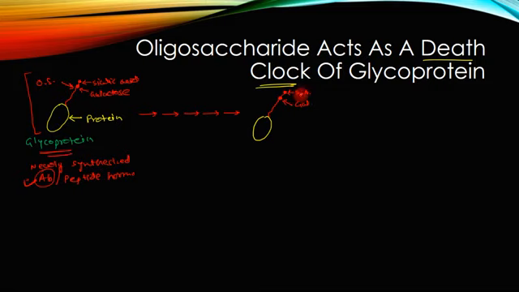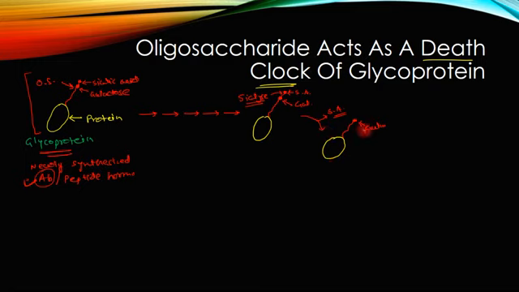The bond between sialic acid and galactose is broken by the enzyme sialidase. So what happens? This galactose becomes exposed on the surface of the glycoprotein. So it looks like this. This is the protein part, and now this is the terminal galactose. This galactose is exposed because the sialidase enzyme has removed the terminal sialic acid.